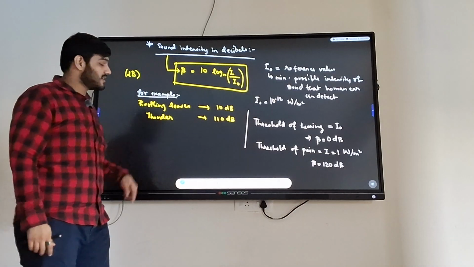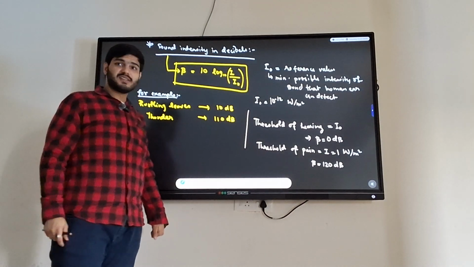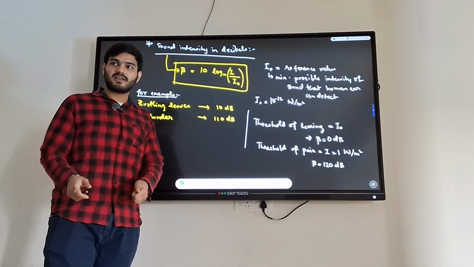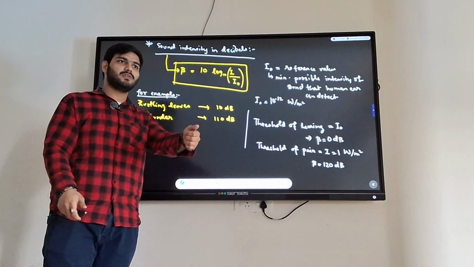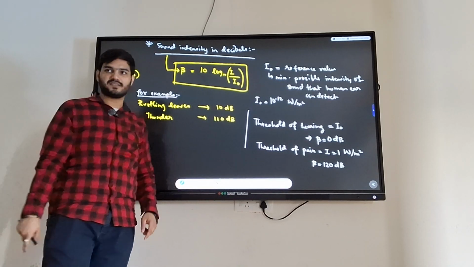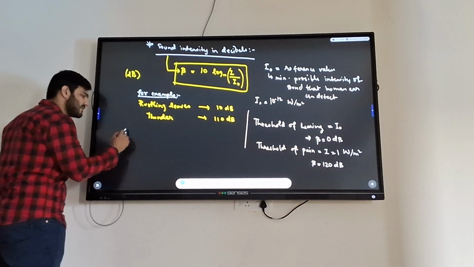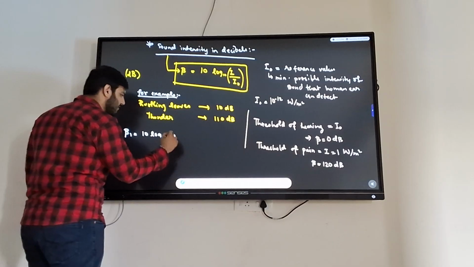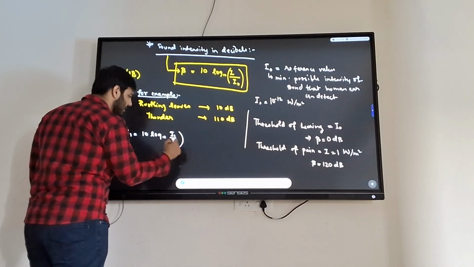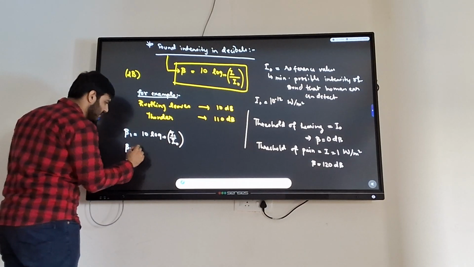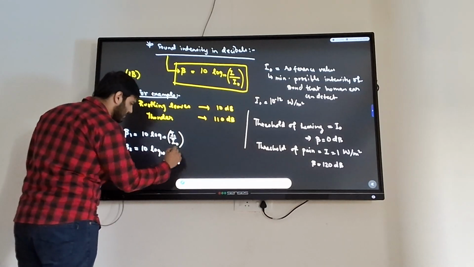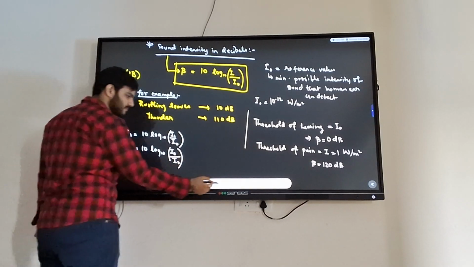This is beta, and let's say there are two sources of sound, and they are giving off intensity I1 and I2. Then what is the difference between the intensities? Let's say beta 1 is given as 10 log to the base 10 I1 by I naught, and beta 2 is 10 log to the base 10 I2 by I naught. Then what is beta 2 minus beta 1?